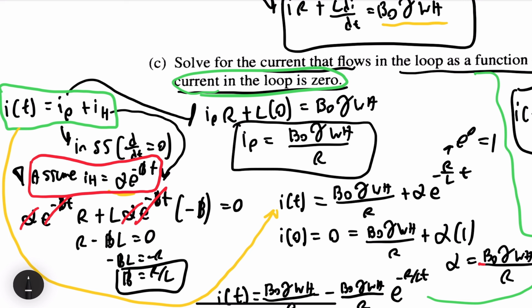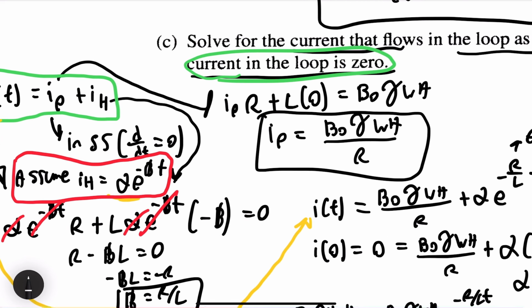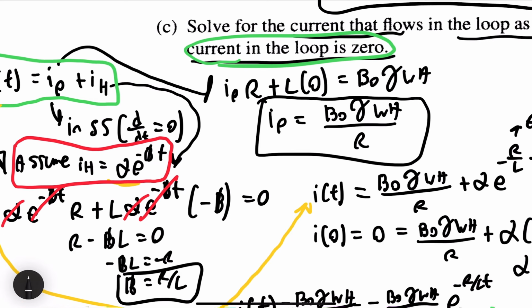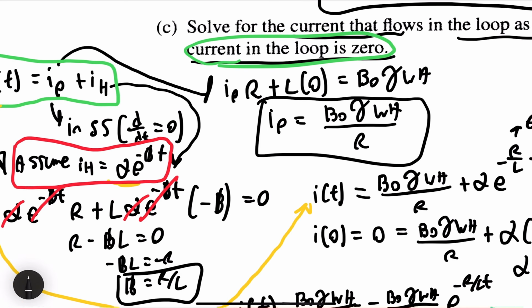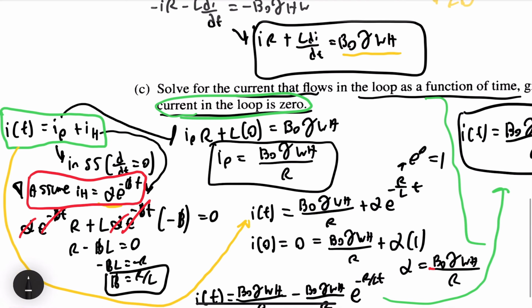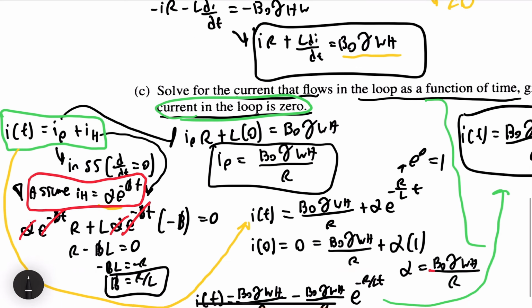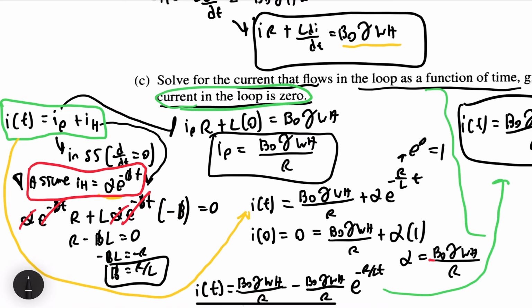And then for IH, you need to assume that it's alpha e to the negative beta t. You plug this in anywhere you see I. We saw dI/dt, so we had to take the derivative, and then we had the chain rule, it's negative beta. We set it equal to 0 because that's the homogeneous part of the solution. We solve for beta.